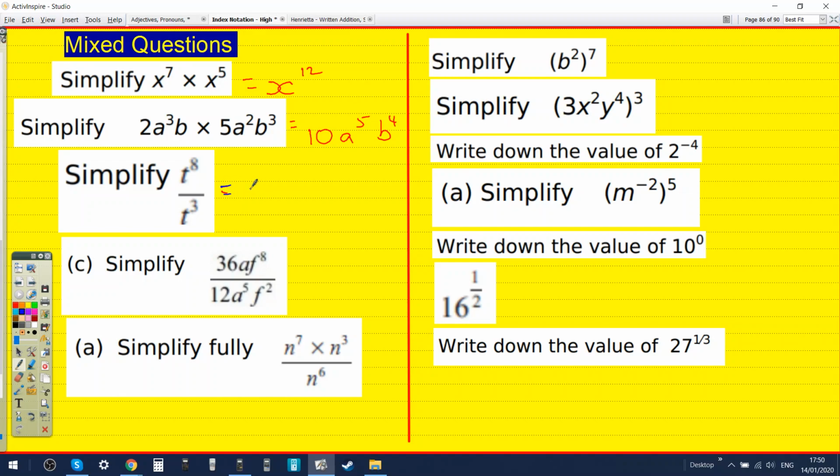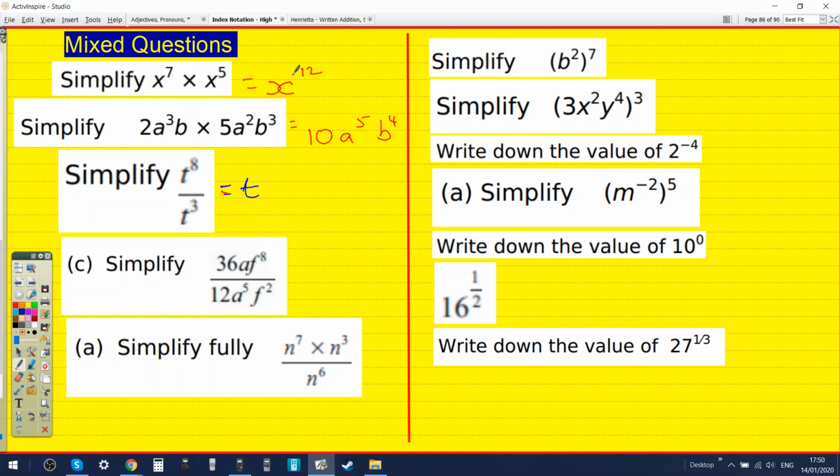8 divided by. So dividing is the opposite of multiplying.